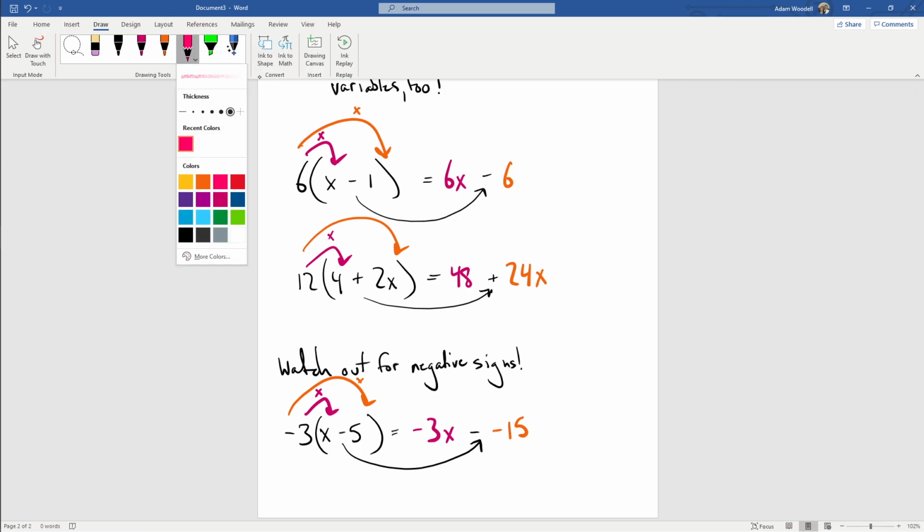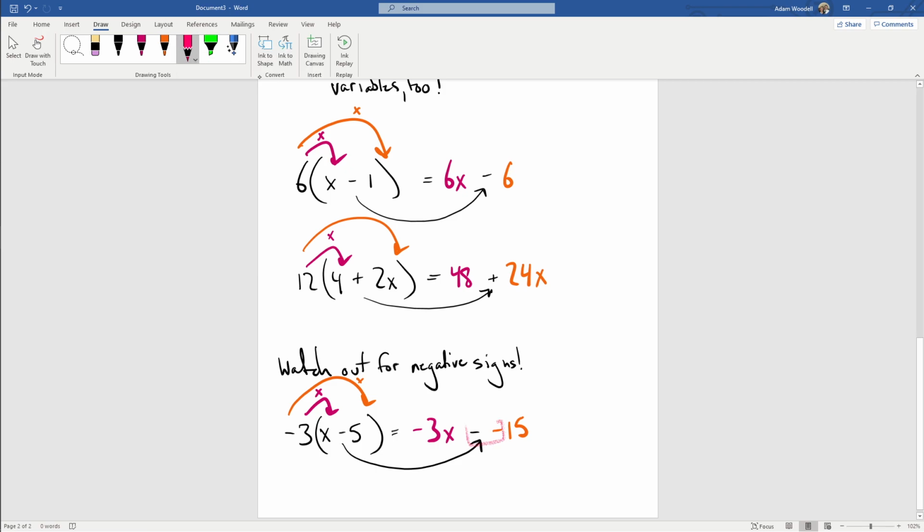We generally don't like having two of the operations right next to each other like this, right? This is odd. So what we do is use a math property that we might have remembered from last year called KCO, which stands for keep, change, and then opposite.